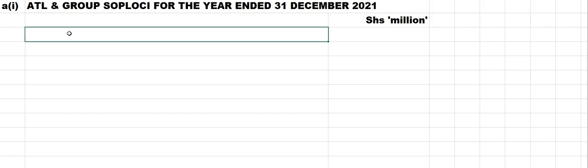And then we see. So what you have to do, you look at your statement and then we enter the items one by one. We have revenue. What's the revenue for the parent?